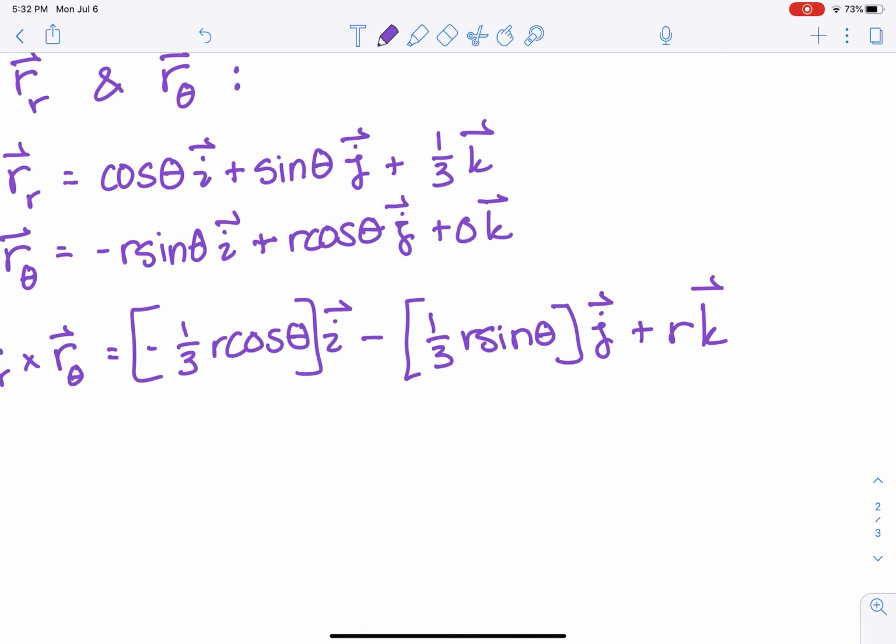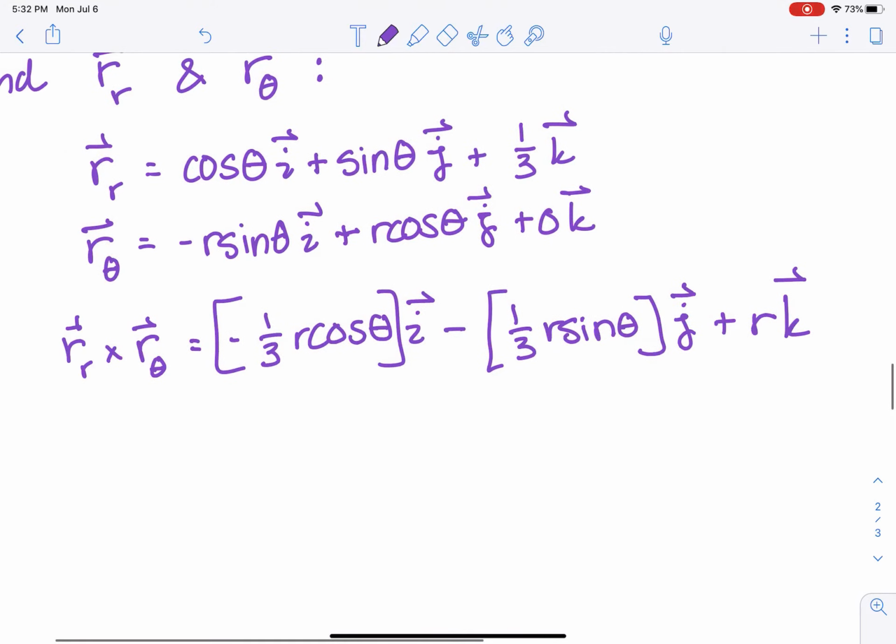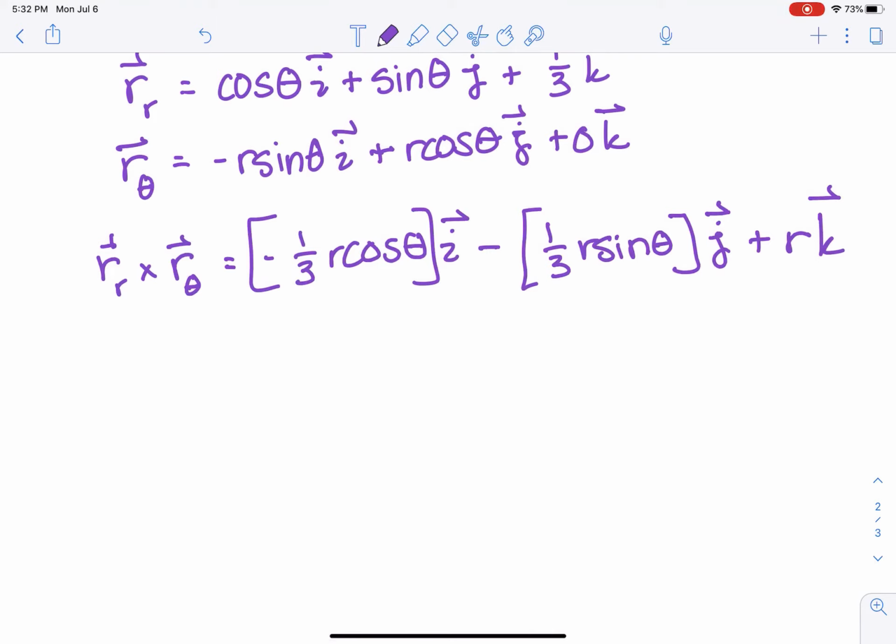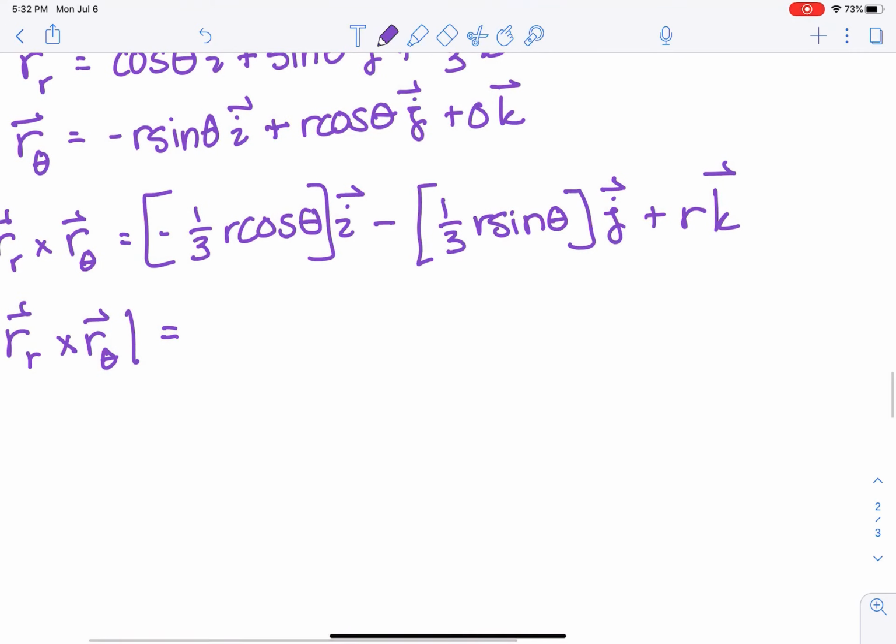Okay, so that's what you get for the cross product, and now we just need to take the magnitude of the cross product, which is just going to be the square root of the sum of the squares of all these.